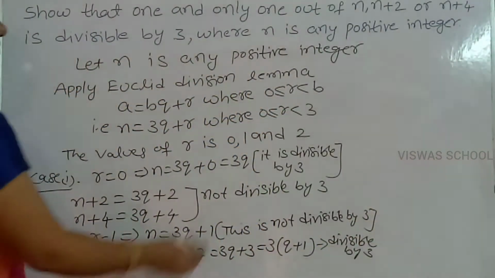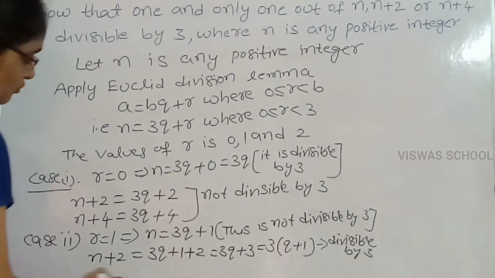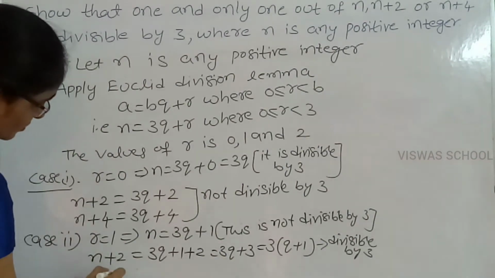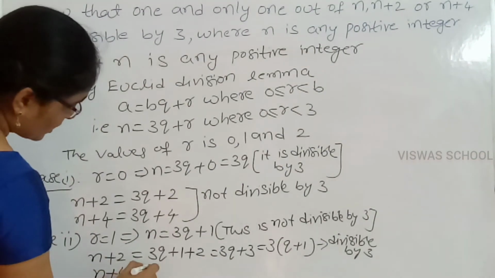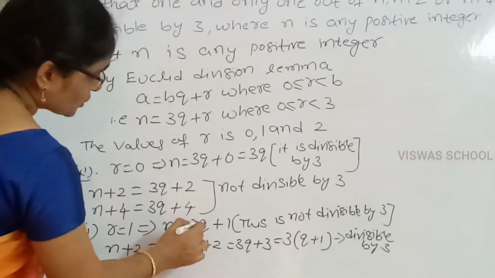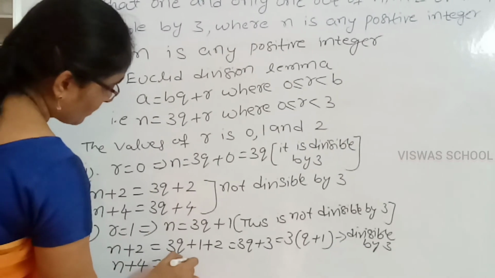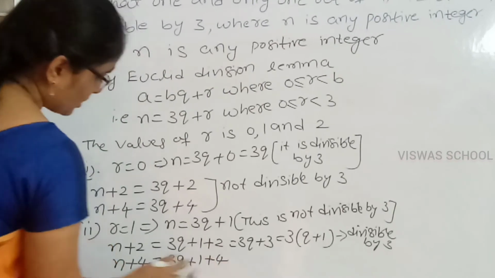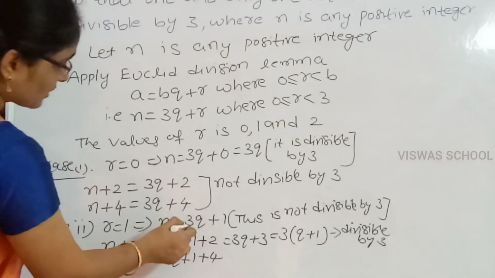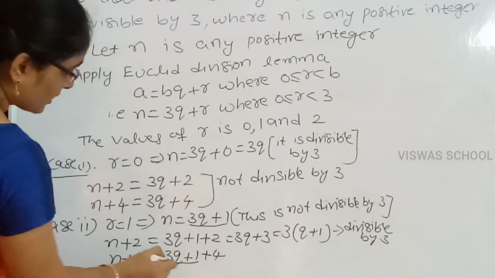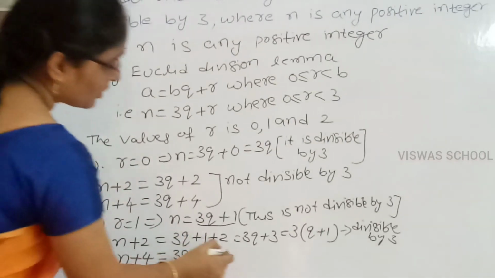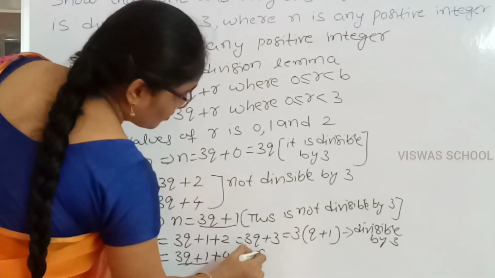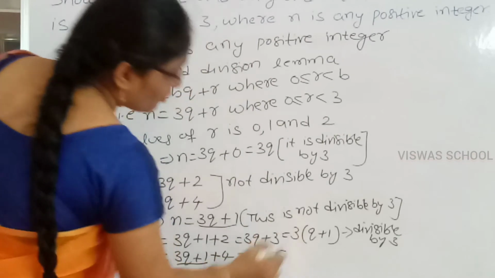Next one is n plus 4. n equals 3q plus 1, and here we have plus 4. Only in n's place the value is 3q plus 1, and the remaining is plus 4. That is 3q plus 5.